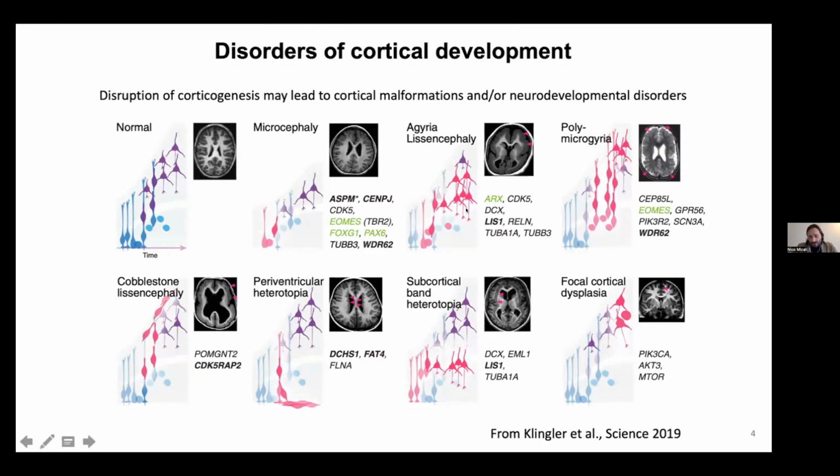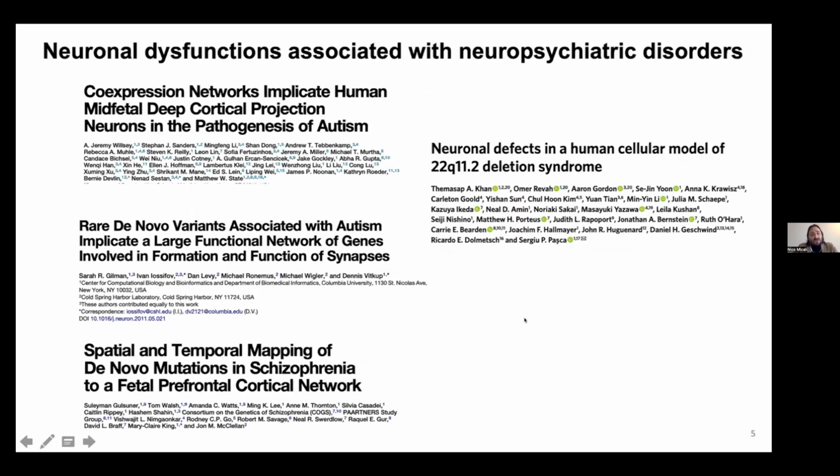But also defects in neurogenesis, in the generation of the neurons, in their migration, or in their connection, including defects during gyrification, can give rise to other disorders like lissencephaly, polymicrogyria, and others.